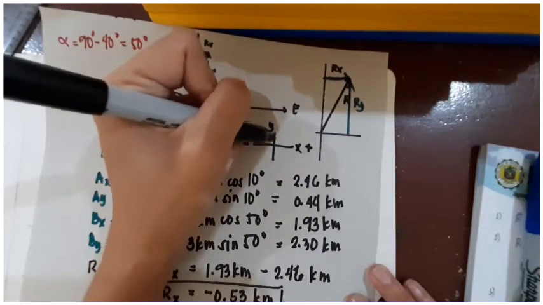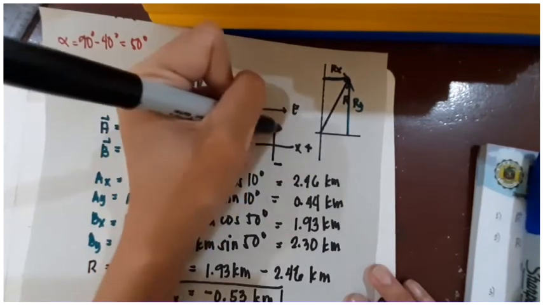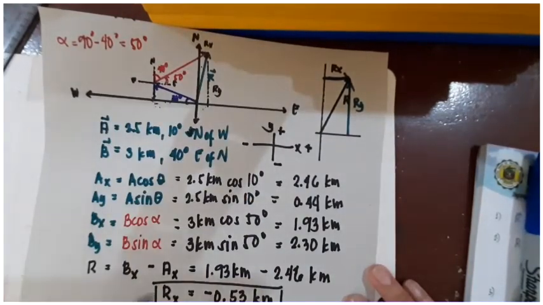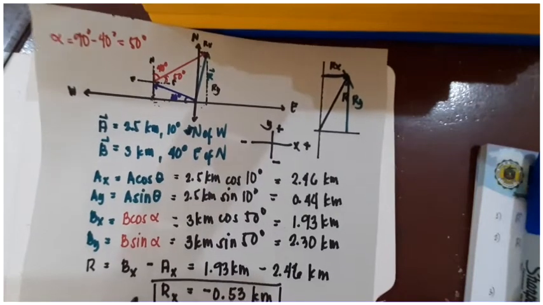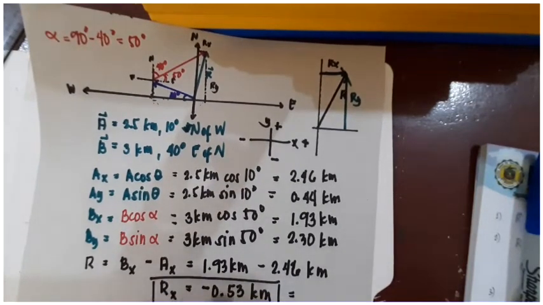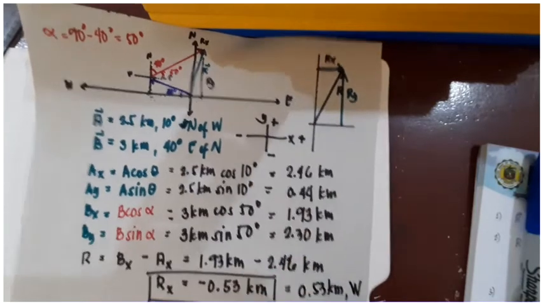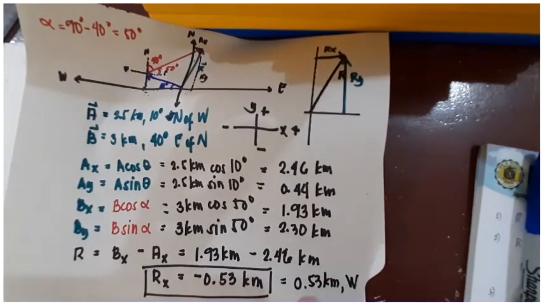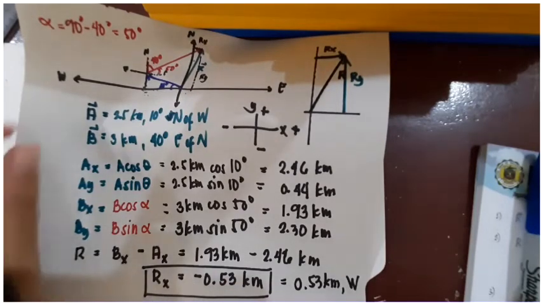For the north and then the south, this is your negative, this is your positive na direction. So kapag negative ito, ibig sabihin, it goes to the west. So you can write this also as going to the west. Okay, so the same lang yan siya. Parehas lang yan na tama. Okay, this sign indicates that it goes to the west.